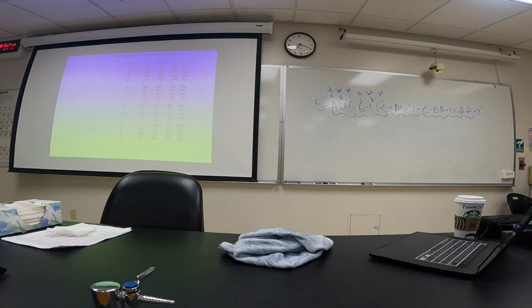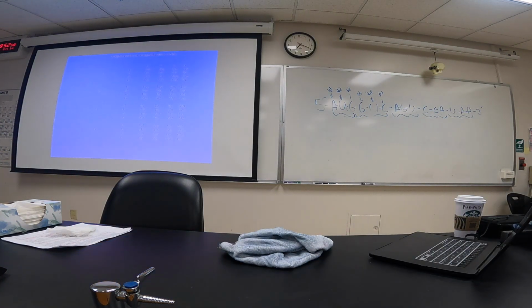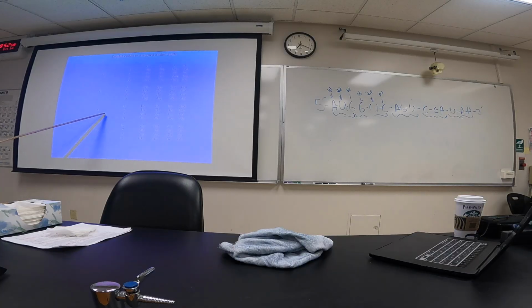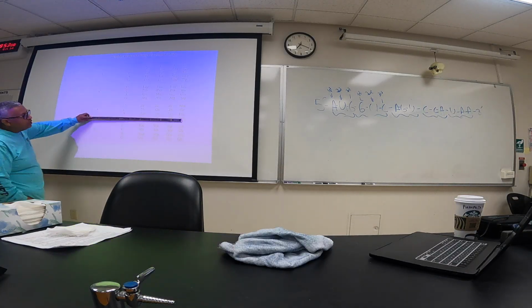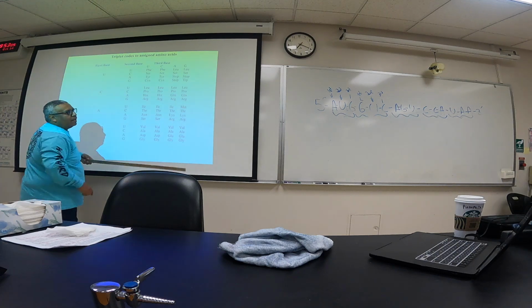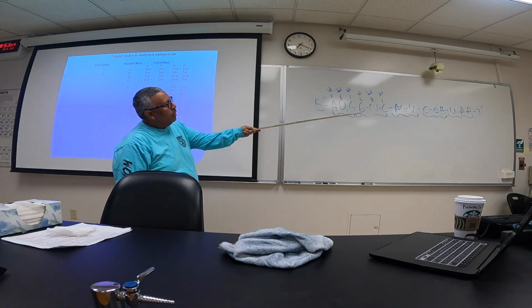So what is the 3-letter abbreviation for AGU? SER. So A, G, and now I'm going to look somewhere here. I'm going to go to U, and we get SER, and that's serine.